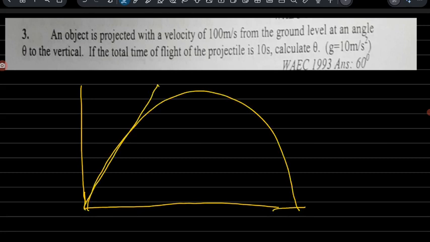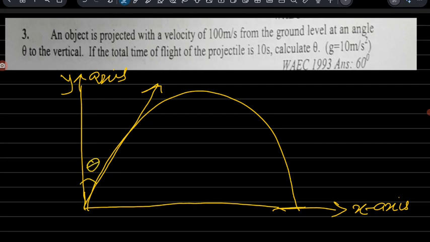It moves like this, at an angle of theta to the vertical. This is the y-axis, this is the x-axis. But there's a statement mentioned: it said to the vertical, this is theta.